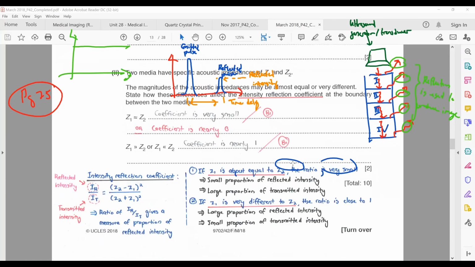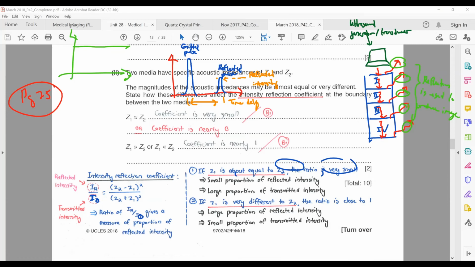This one is talking about this, isn't it? The intensity reflection coefficient, as I mentioned, is IR over I naught. Sorry, there is some problem here, my mistake. Intensity reflection coefficient is IR over I naught.